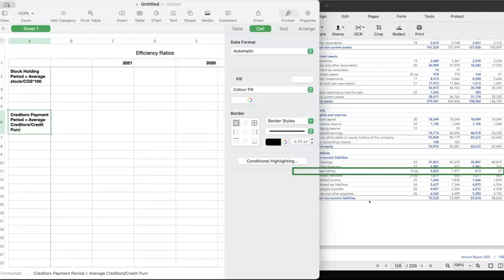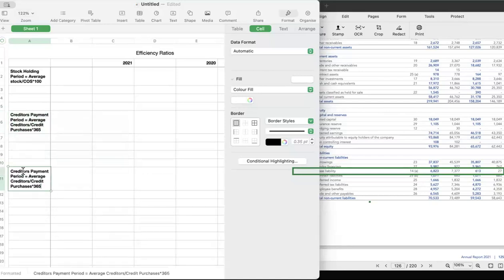If the credit purchases are not separately given, that's fine. You can take the entire purchases that have been specified there, into 365. Yes, 365 days, remember, into 365. And the other one is debtors collection period. Creditors payment period, debtors collection period.